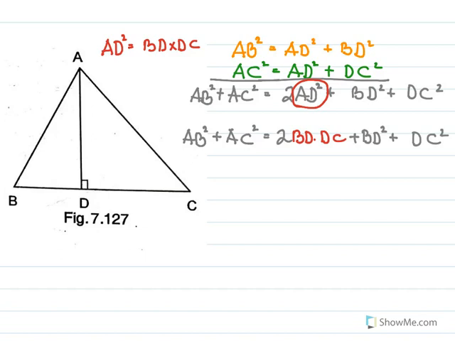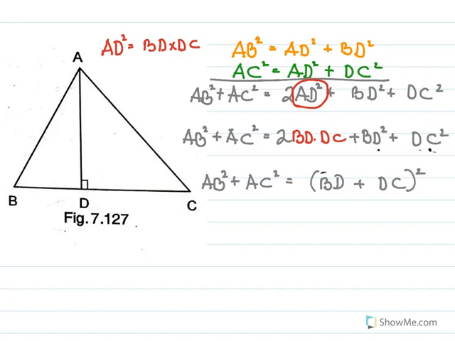Now this looks like 2ab plus a square plus b square, and a square plus 2ab plus b square is a plus b the whole square. So we'll use this identity. So we have AB square plus AC square equal to BD plus DC the whole square.